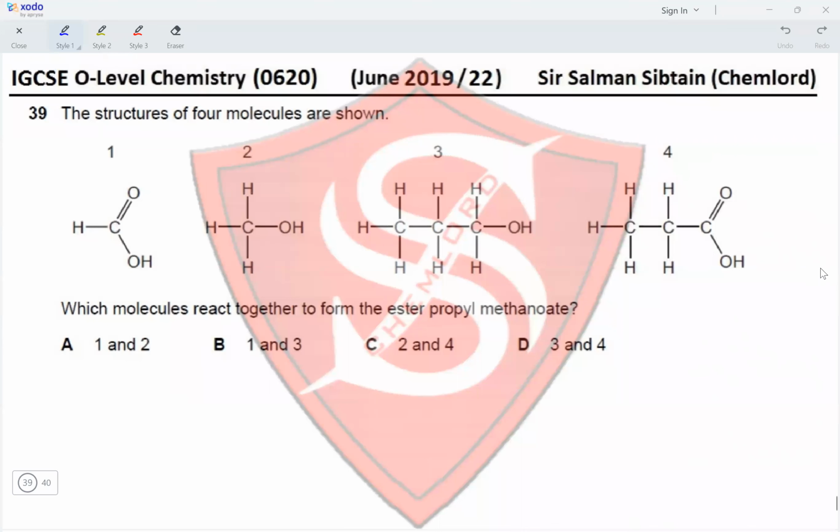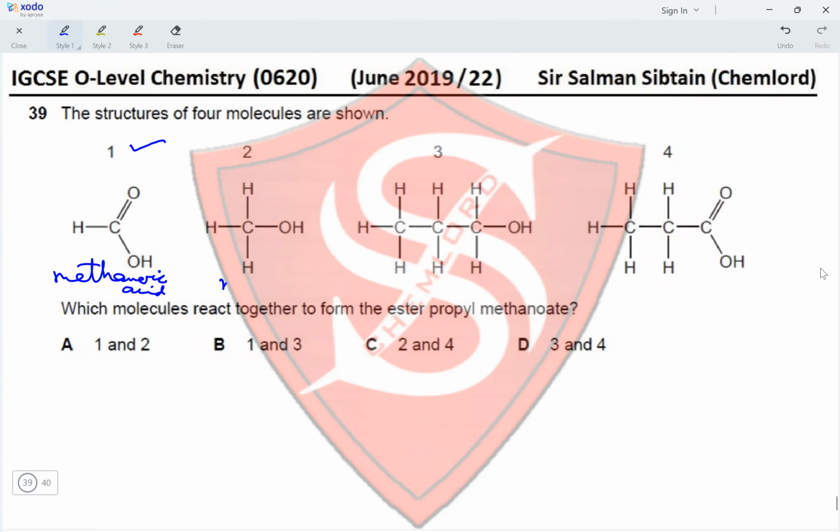Question 39. The structures of four molecules are shown. Which molecules react together to form the ester propyl methanoate? So that would require propanol and methanoic acid. So structure 1 is methanoic acid. So this is required.